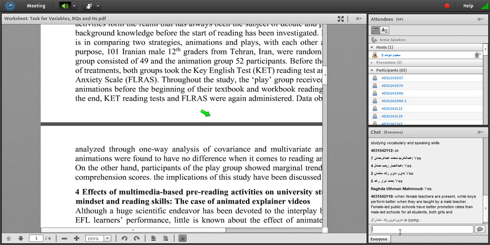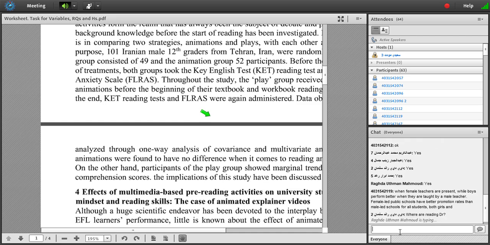Okay? So what is the independent variable here? This is the research topic: investigating the effects of pre-reading activities on reading anxiety and reading comprehension. What is the independent variable in this research topic?